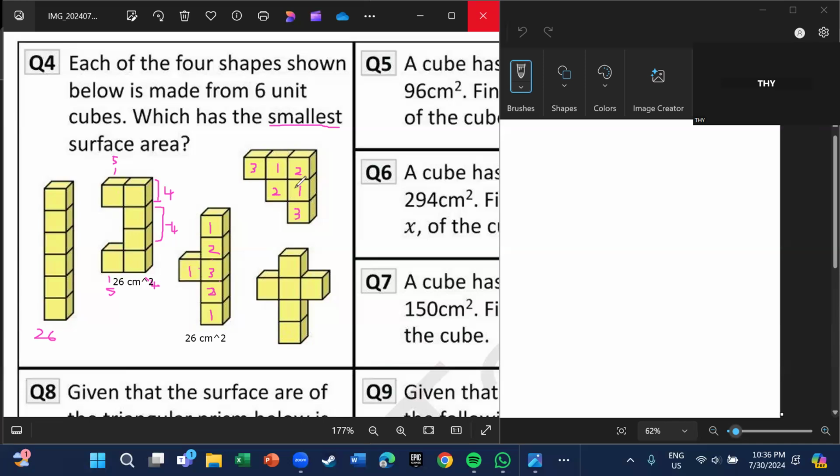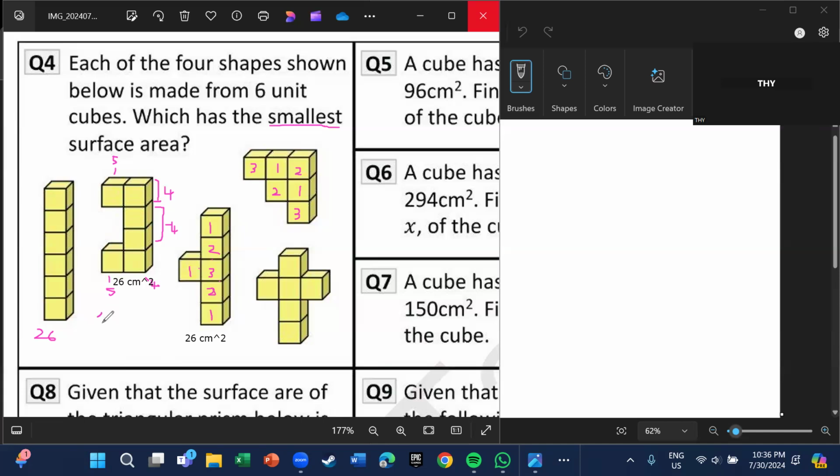If you still don't get it, it's because 3 sides are covered for the 1s. For number 2, only 2 sides are covered, which are these 2 here. And for the number 3s, only 1 side is covered. So it is easier to segregate and know which is which.